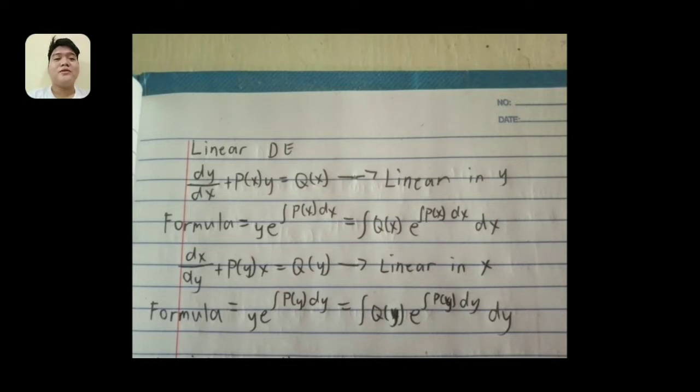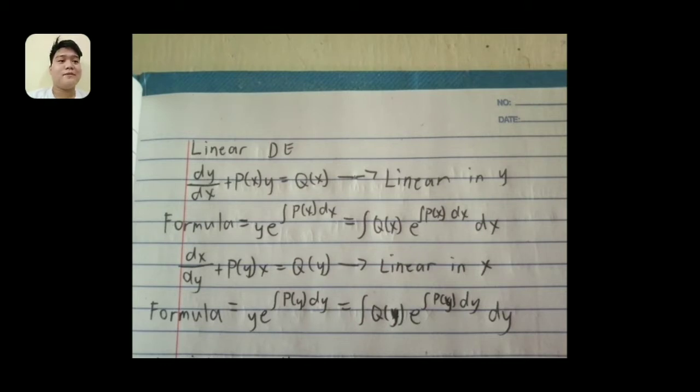The topic I'm going to discuss right now is all about linear differential equations. There are two standard forms, which are linear in y and linear in x. Linear in y is dy over dx plus p of x times y equals q of x.